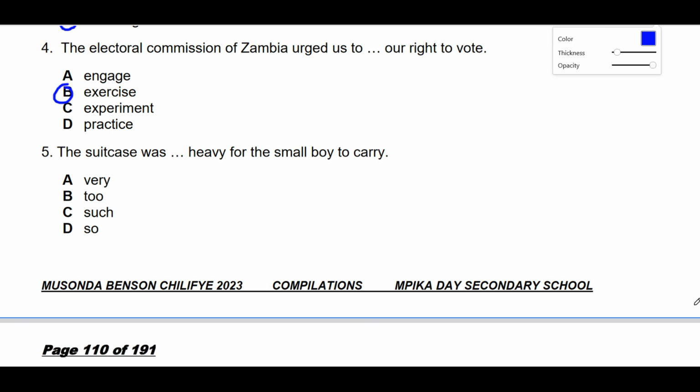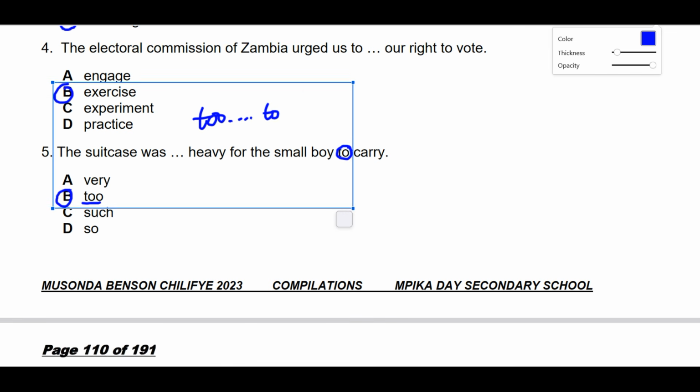Then number 5. The suitcase was dash heavy for the small boy to carry. So we are looking at an intensifier, the word that expresses the amount of something. We are going with the multiple choice B, these 2, because 2 goes with 2.